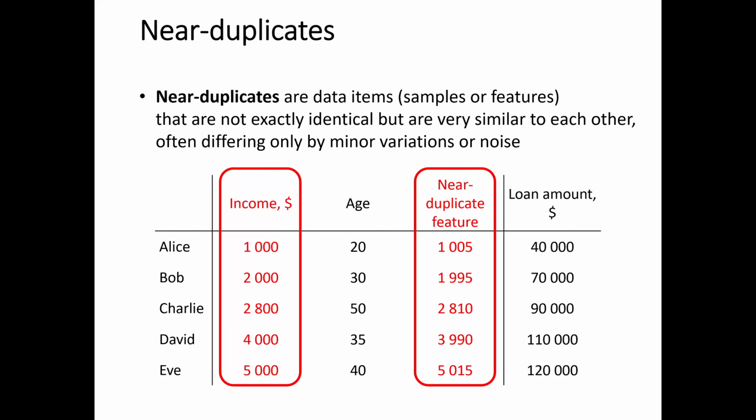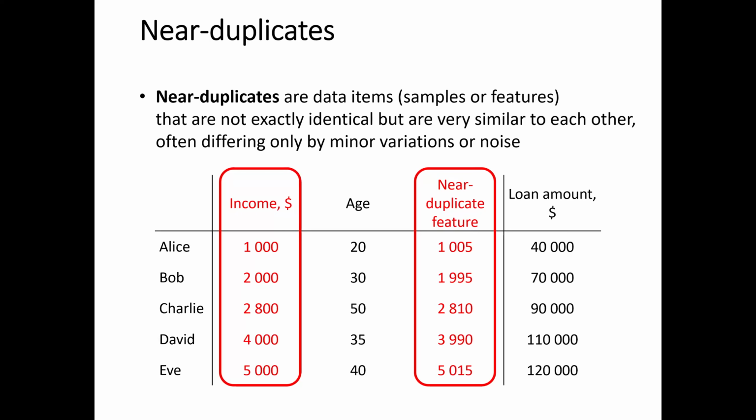Or think of an image dataset where several photos show the same object but were taken from slightly different angles or under different lighting conditions. Near duplicates can make our dataset redundant and may even mislead the model if not handled properly.